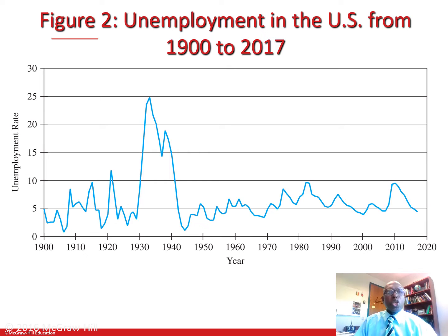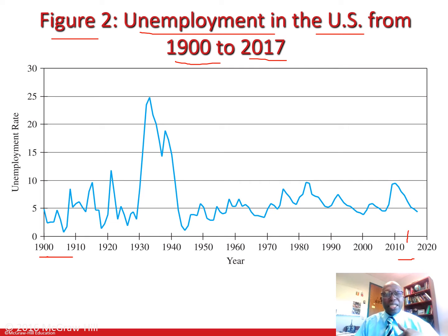Figure 2 displays the unemployment in the US from 1900 to 2017. We can see that Figure 2 shows the historical trend in the US unemployment from 1900 all the way up to 2017.